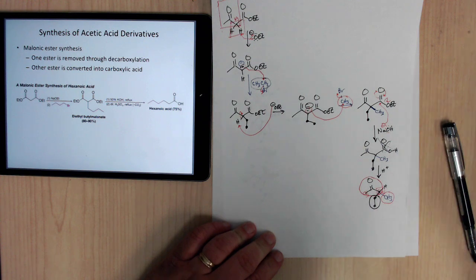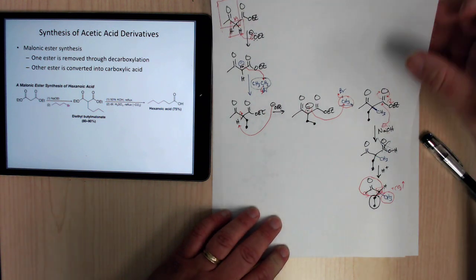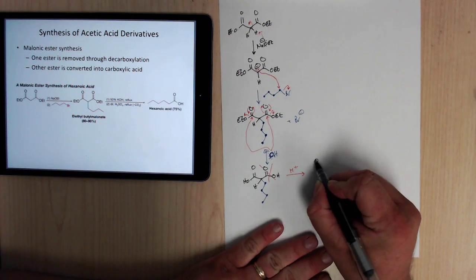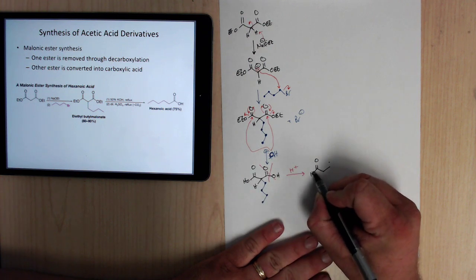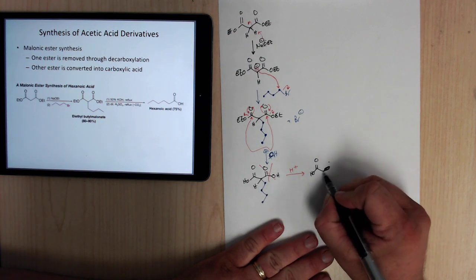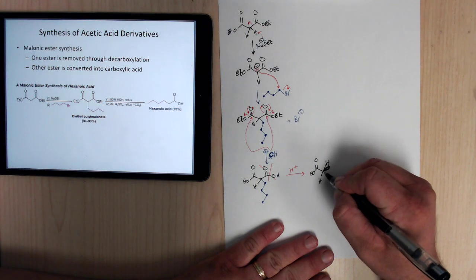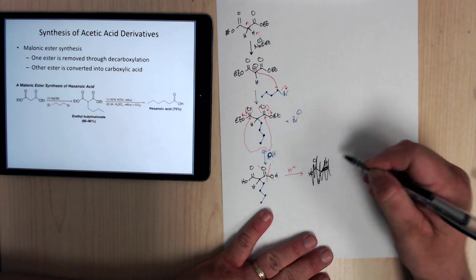We dumped in acid, and that went away as CO2. Same thing happens here. One of these is going to go away. It's going to turn into a hydrogen, and then you've got here. Let me redraw this.